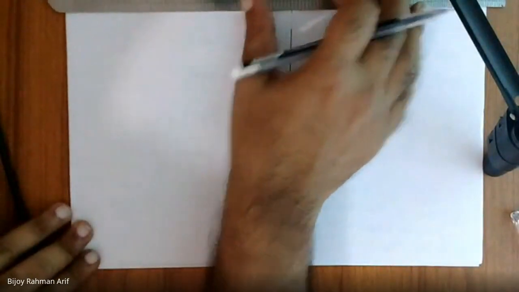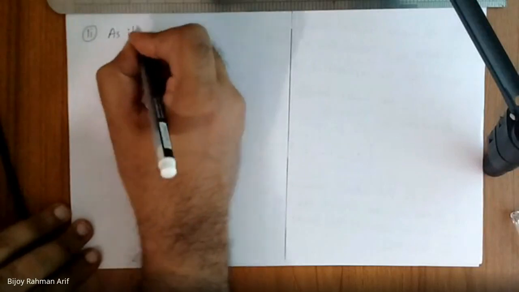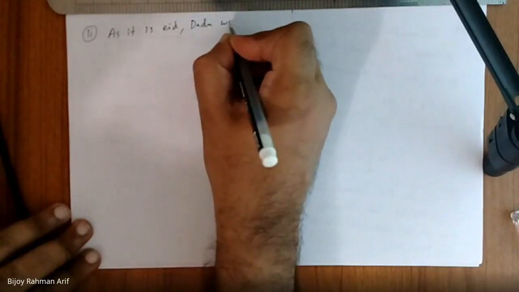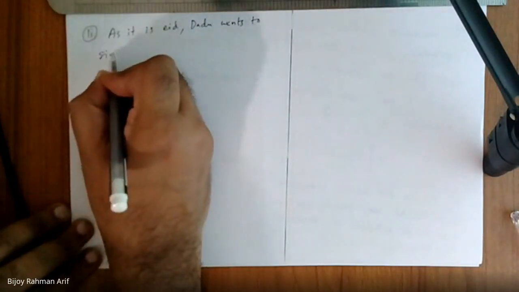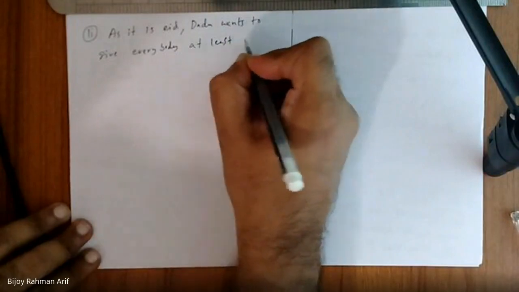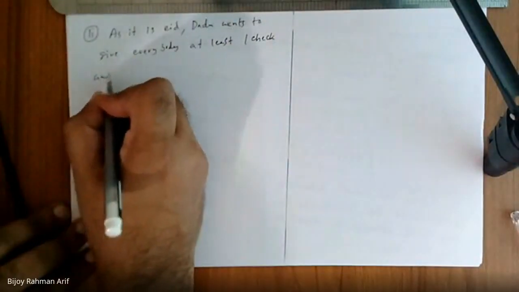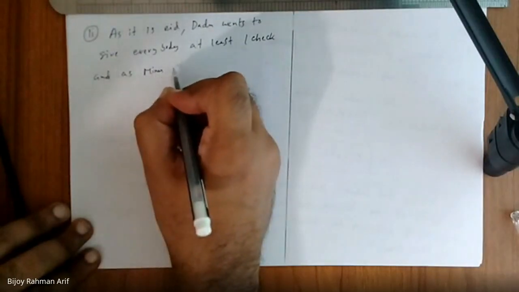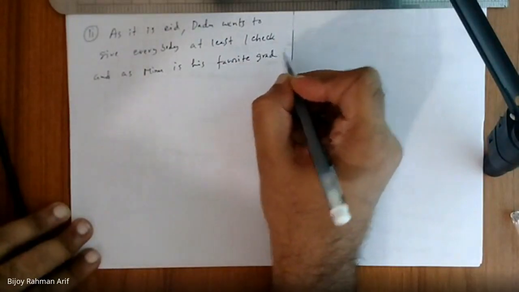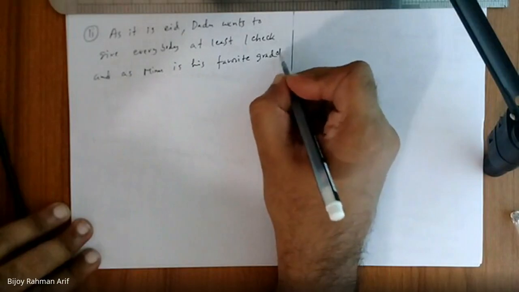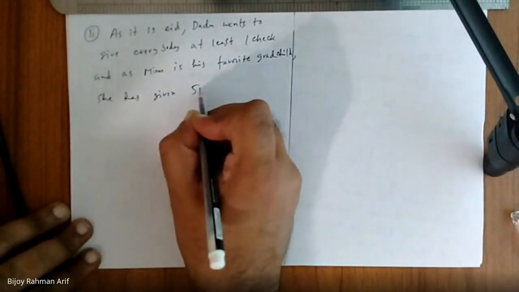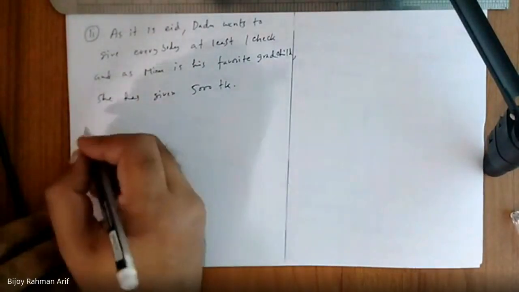Number 2, see, as it is Eid, Dadu wants to give everybody at least one check, and as Minu is his favorite grandchild, she has been given 5,000 taka. Now tell me how many different ways you can distribute.